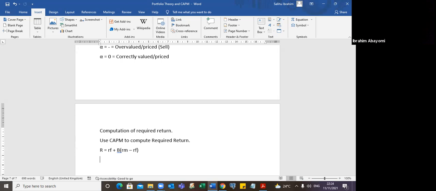So let us look at each of these formulas for computing beta.